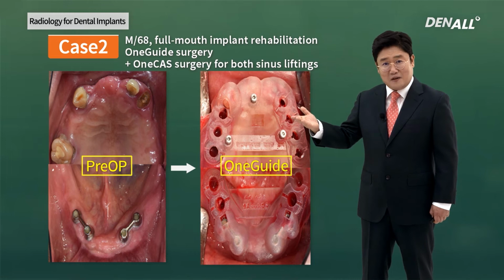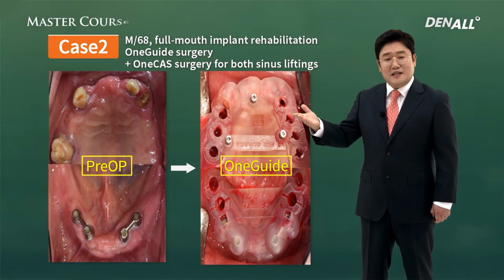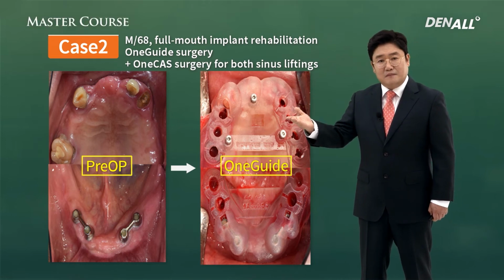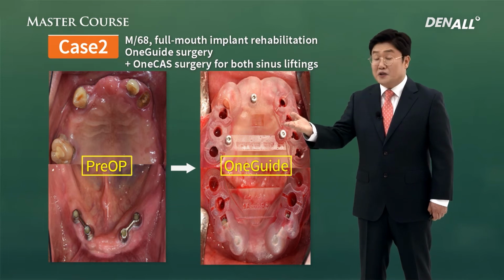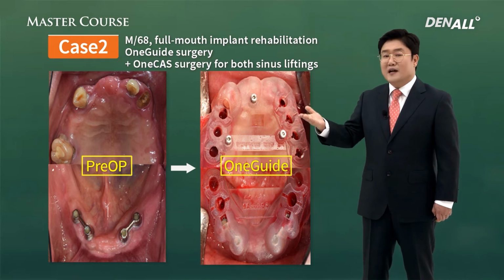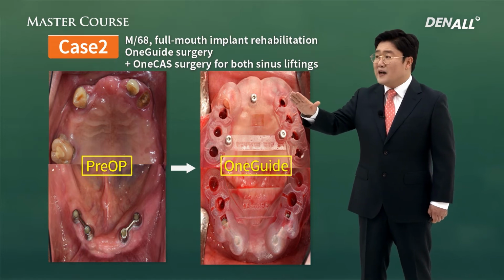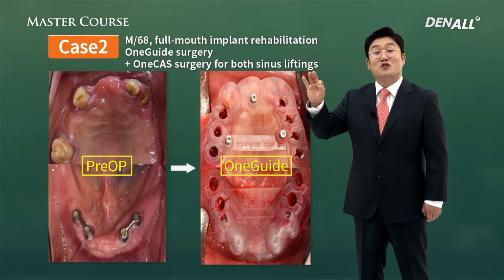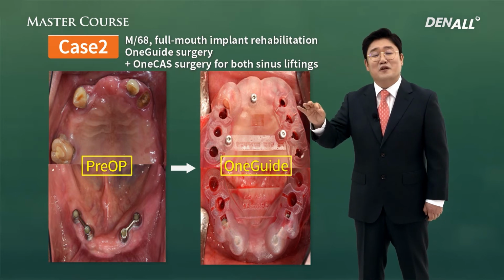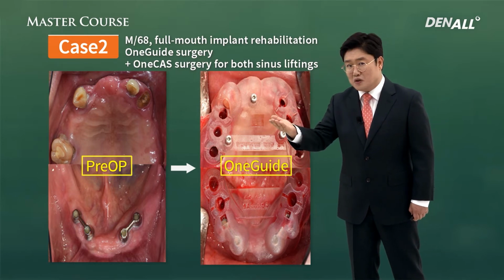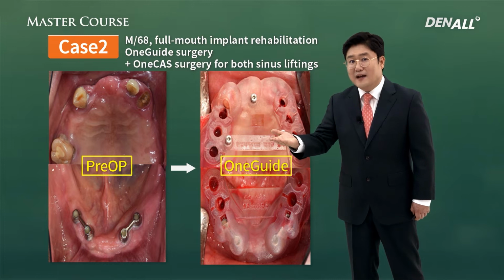This is one guide template mounted on the mouth. Template, guide, or sometimes it's called the stent. The tool has holes to guide the drilling. After the drilling, implant fixture placement can be guided.